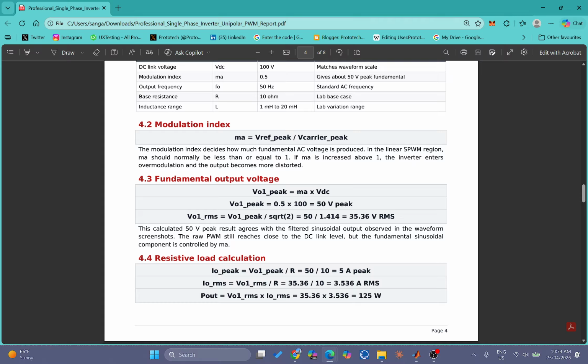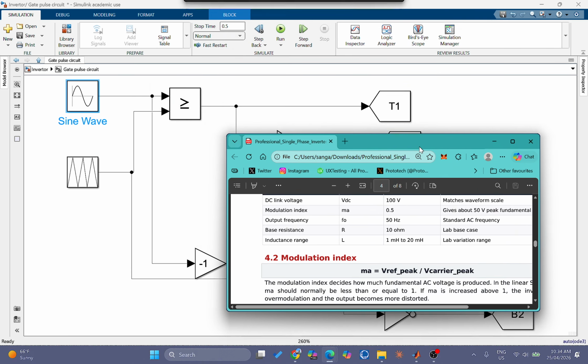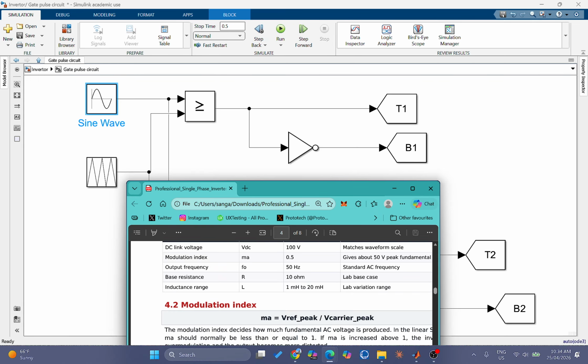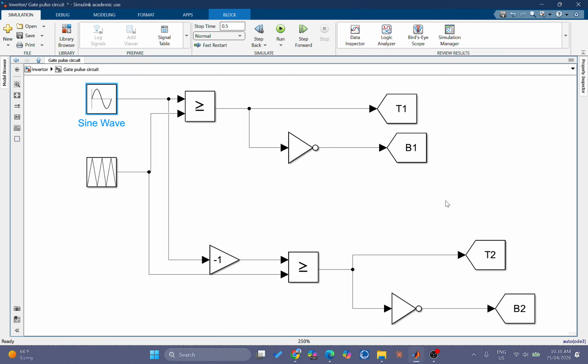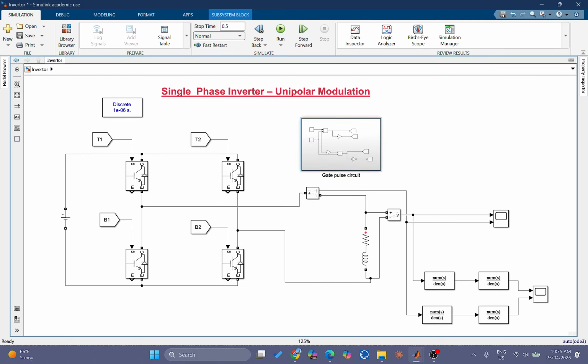The modulation index decides how much fundamental AC voltage is produced, and in the linear SPWM region, the modulation index should always be less than or equal to 1. If the modulation index increases above 1, then the inverter will enter the overmodulation phase and the output will become more distorted.